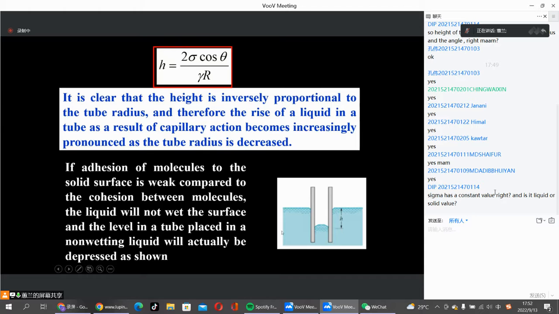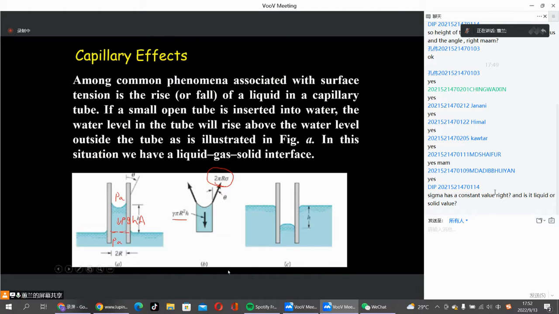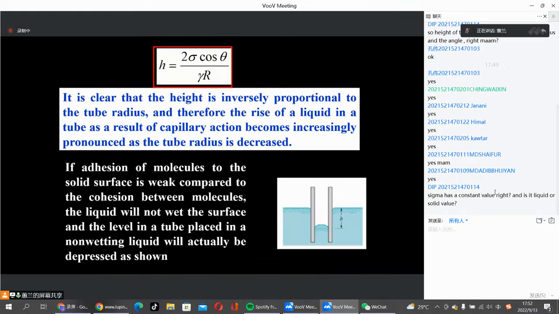In real life, if it's water, we will say the water rises above the water level outside the tube. However, for example, if it's non-wetting, the level will be compressed.